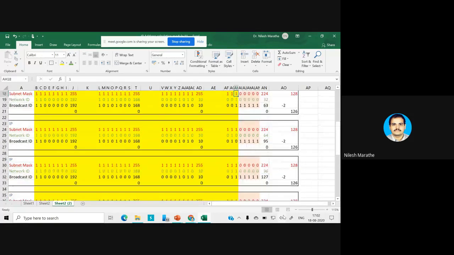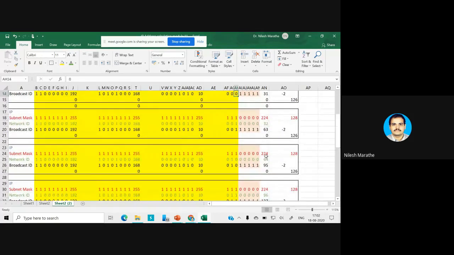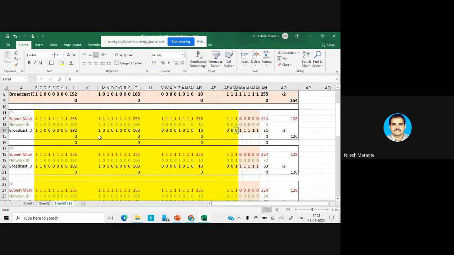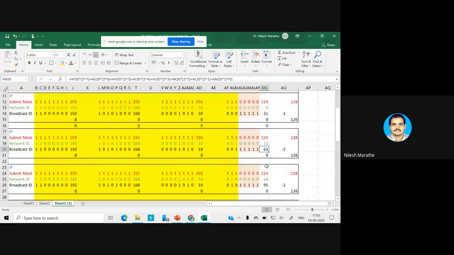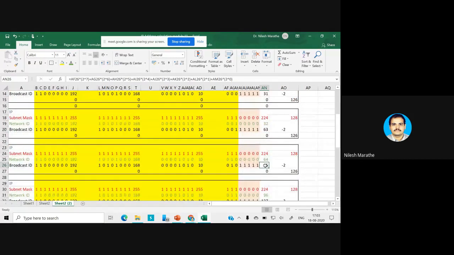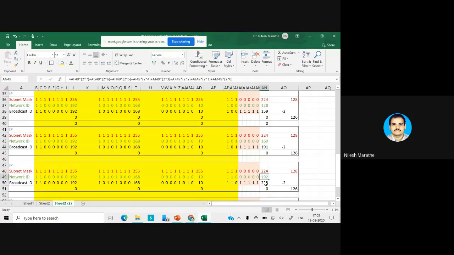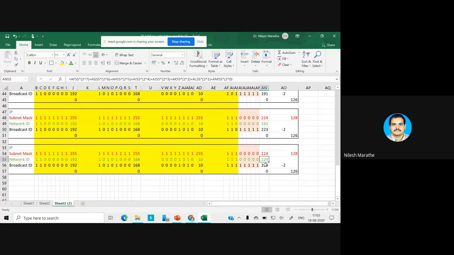So now the blocks will be starting from the first block 192.168.10.0 to 192.168.10.31. Second 32 to 63. Third 64 to 95. Fourth 96 to 127. Fifth 128 to 159. 160 to 191. 192 to 223. 224 to 255.